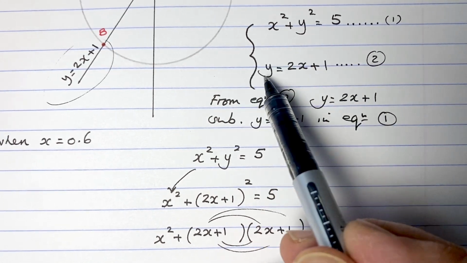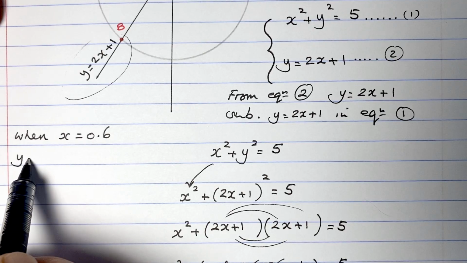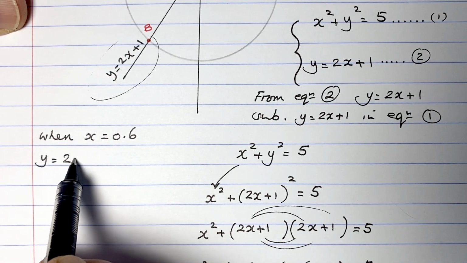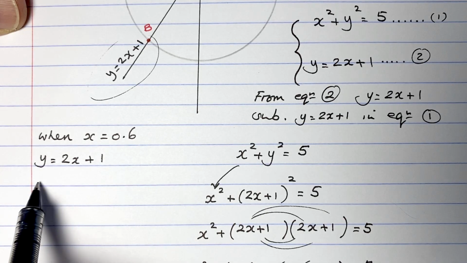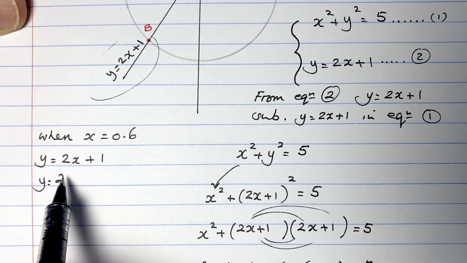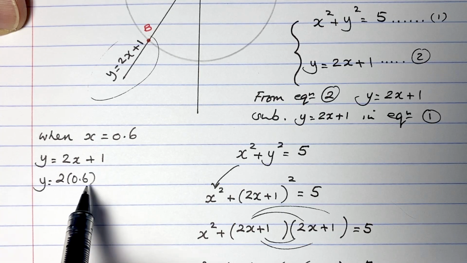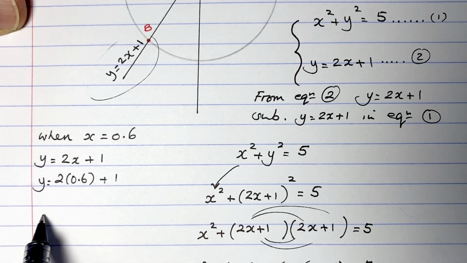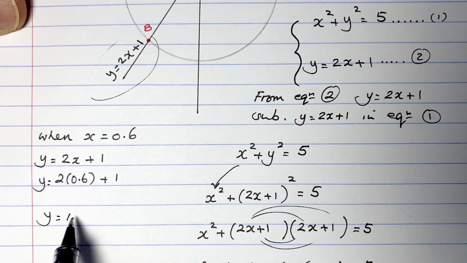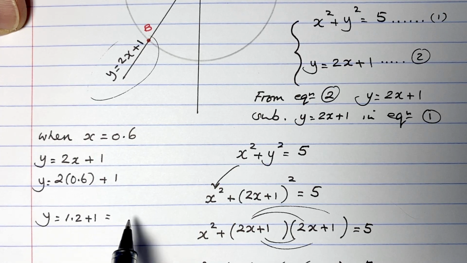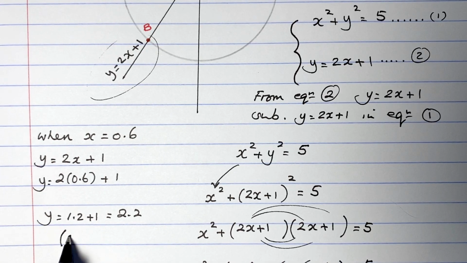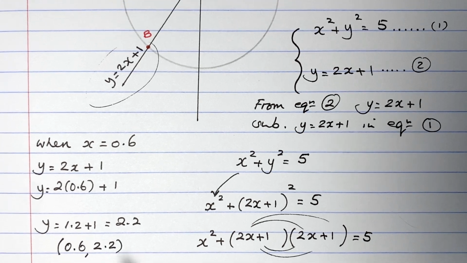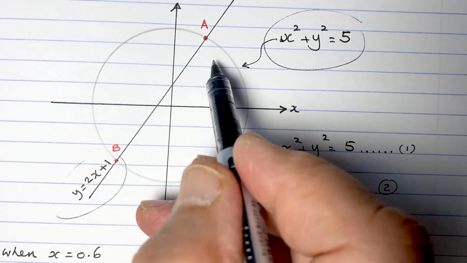Obviously, I'm going to use the easy one, y equals 2x plus 1, and I'm replacing x as 0.6. That is 1.2 plus 1 equals 2.2.